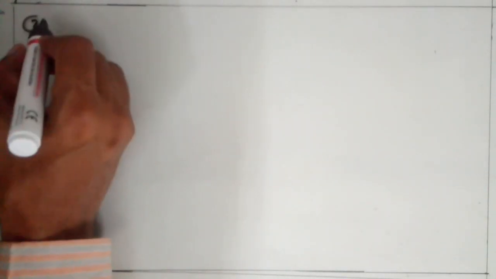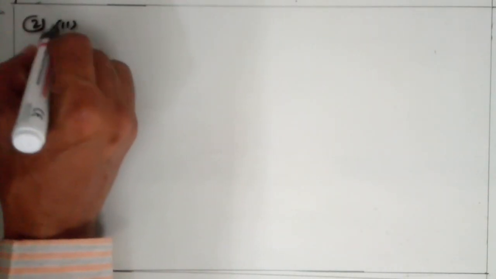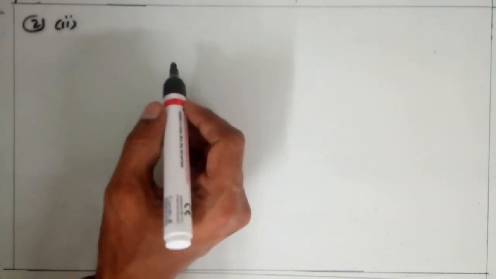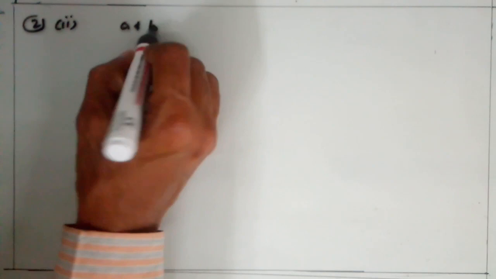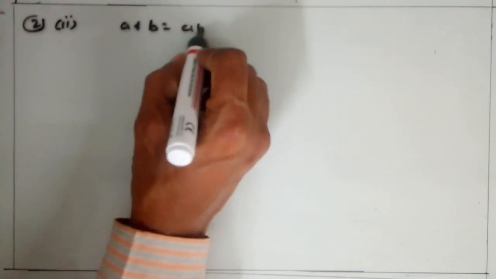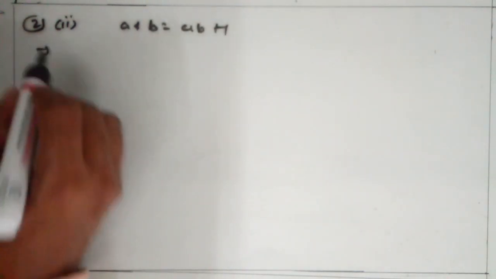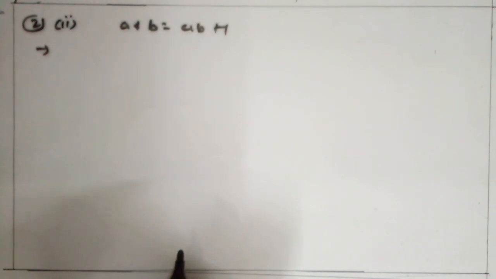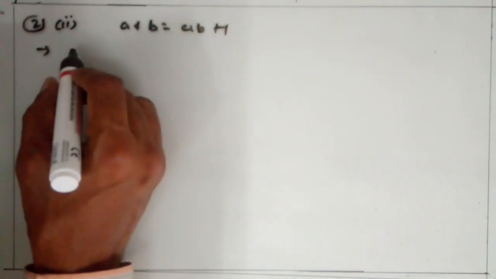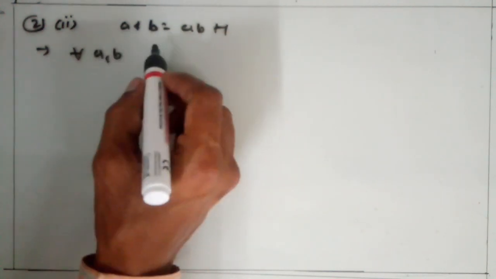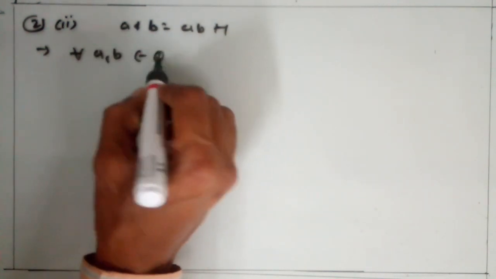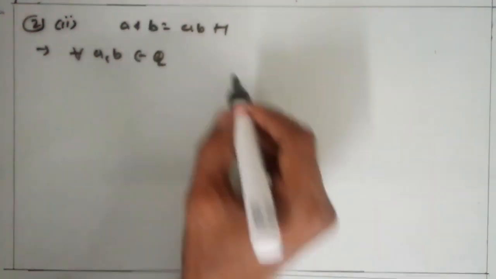Now number 2 of the second question: on Q, star is defined by A star B is equal to AB plus 1. First we check for commutative. Take two numbers A, B belonging to Q, that is, two rational numbers.